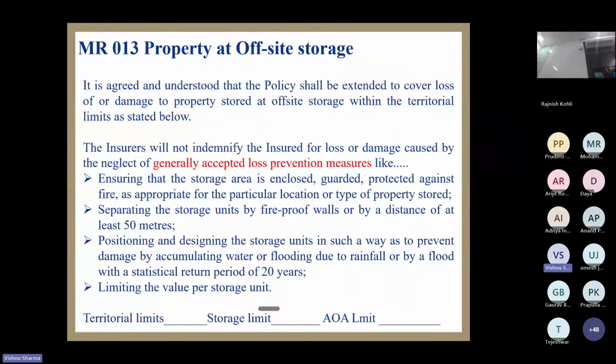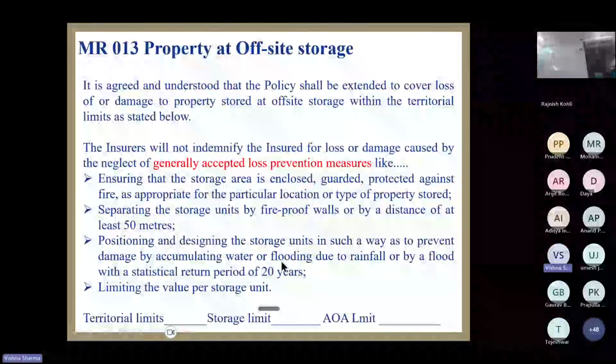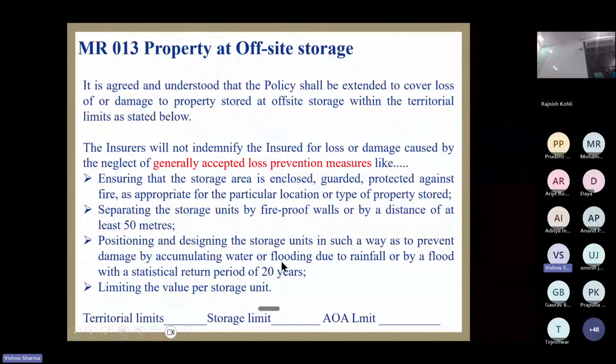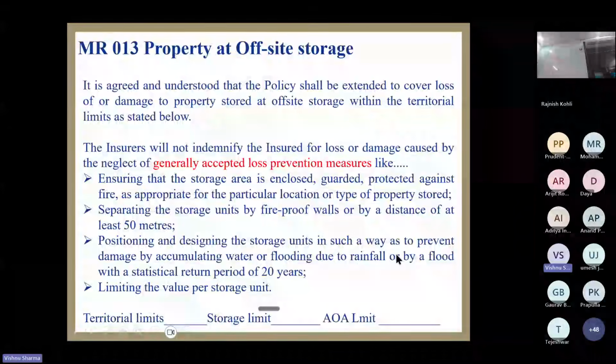These storage units should be stored in such a way that they are protected from flooding or rainfall or flood with a statistical return period of 20 years.